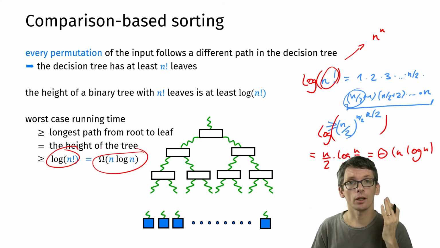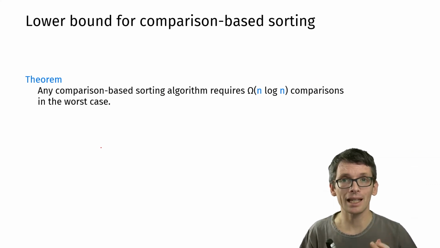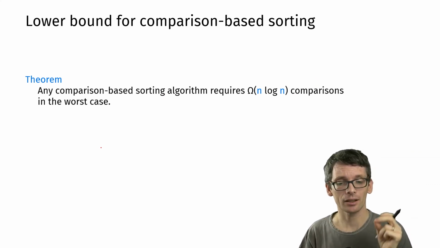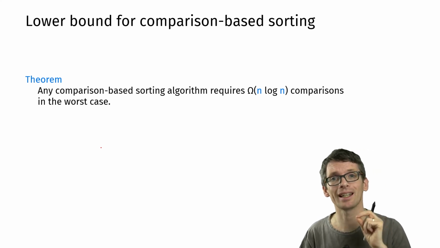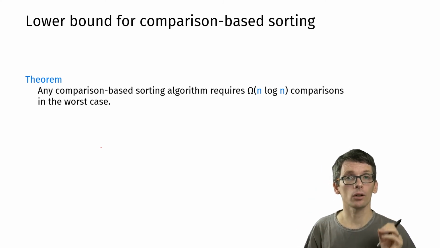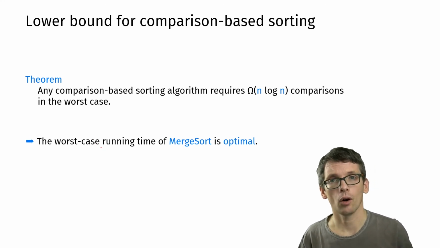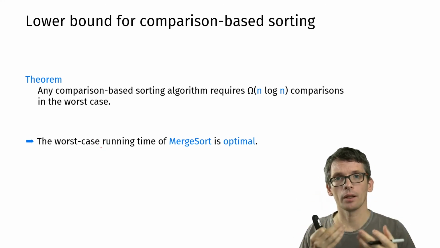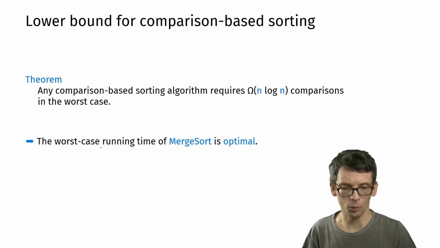What this tells us is that any comparison-based sorting algorithm requires at least order n log n comparisons in the worst case. That in particular means we cannot do better than merge sort. So merge sort is optimal as far as comparison-based sorting algorithms go.